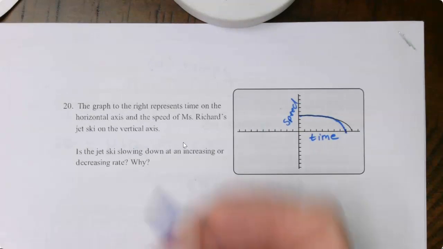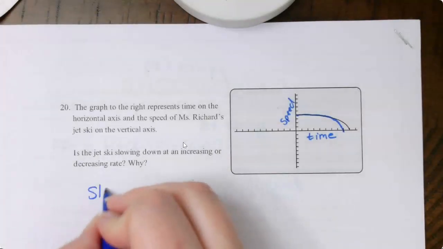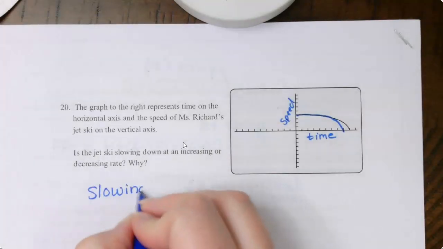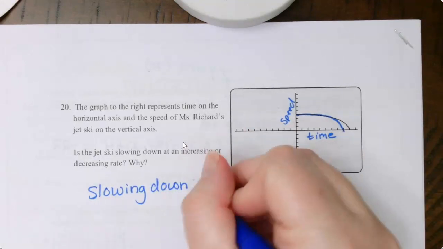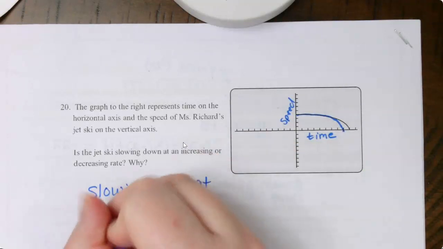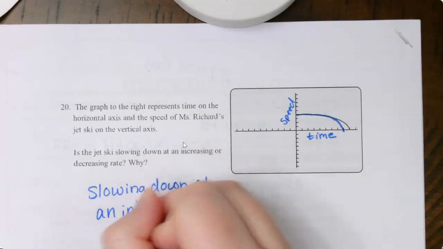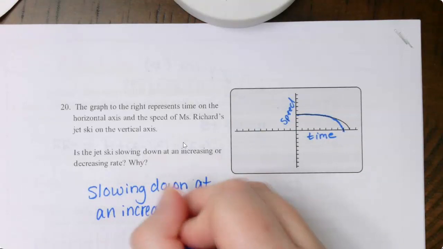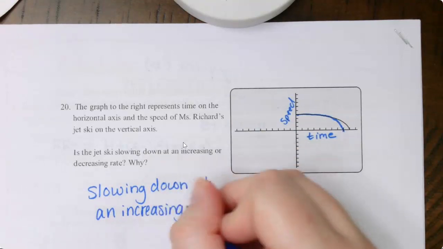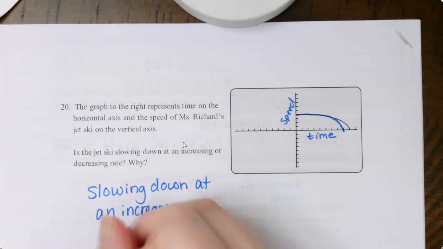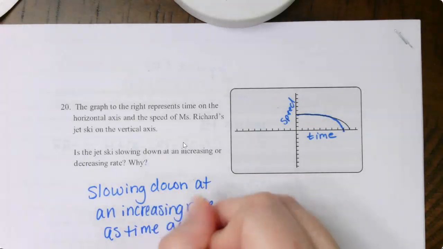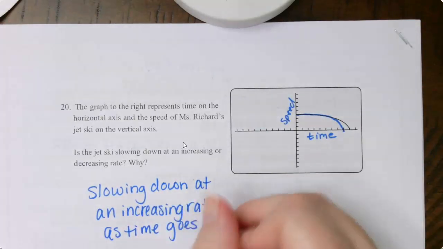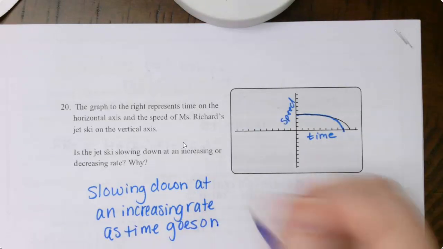So we would say this is slowing down at an increasing rate as time goes on. And then as time goes on, the slope gets steeper.